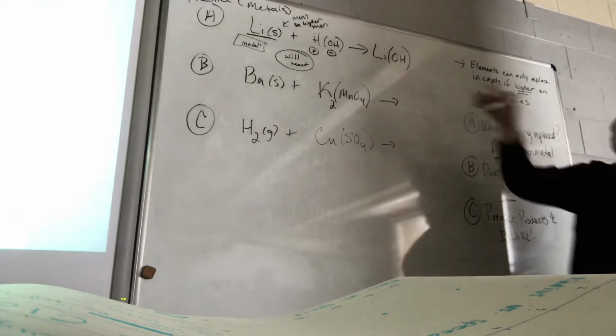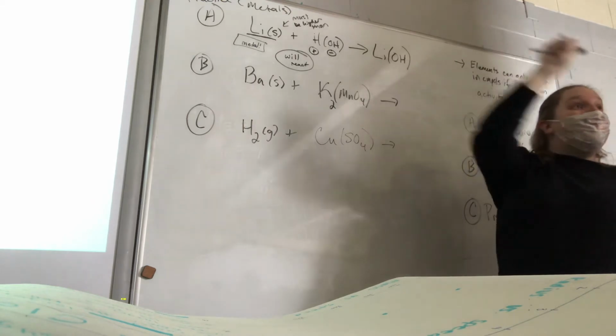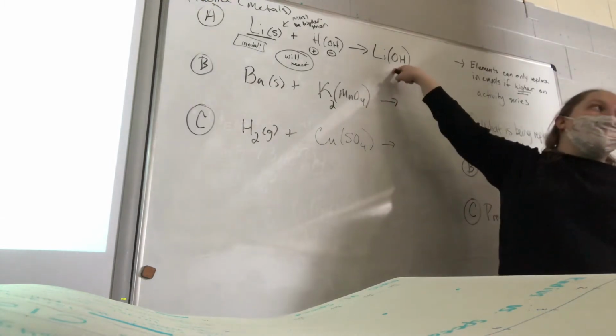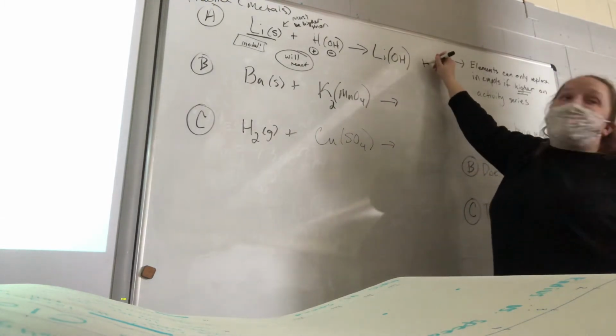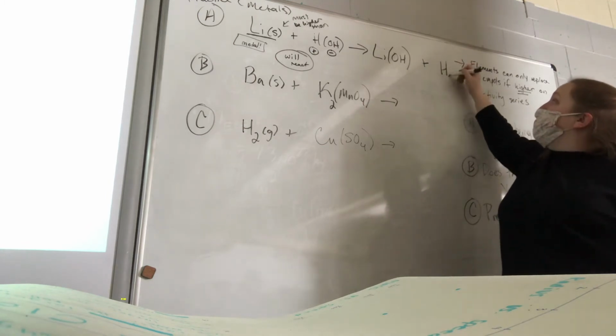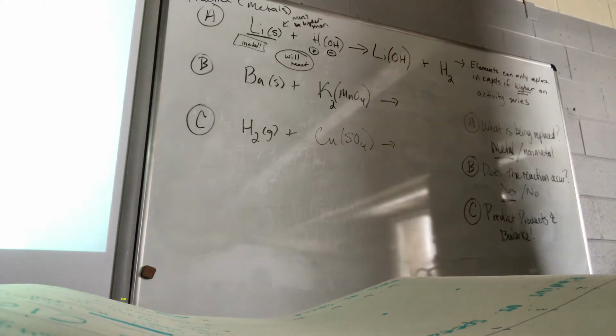The charge on hydroxide is what? -1. The charge on lithium is what? +1. So is that correct? Yes. And it's going to make what else? H2. Nice. Okay. So that was the second part.